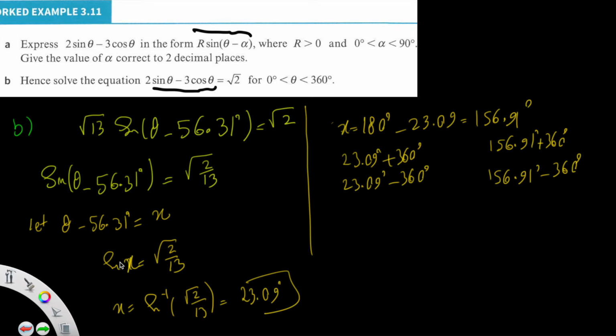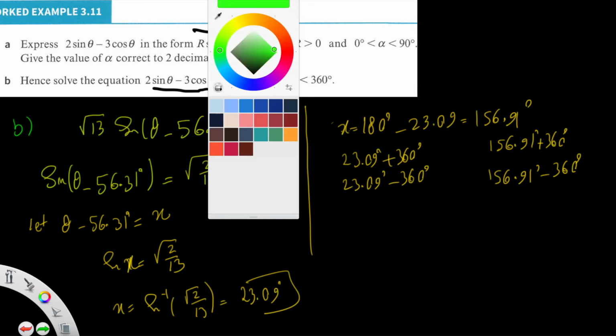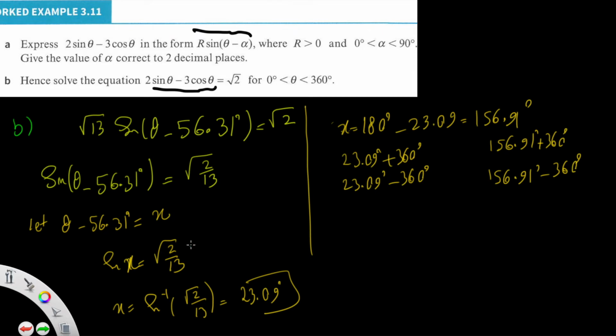Now theta will be x plus 56.31. So here it will become 383.09.